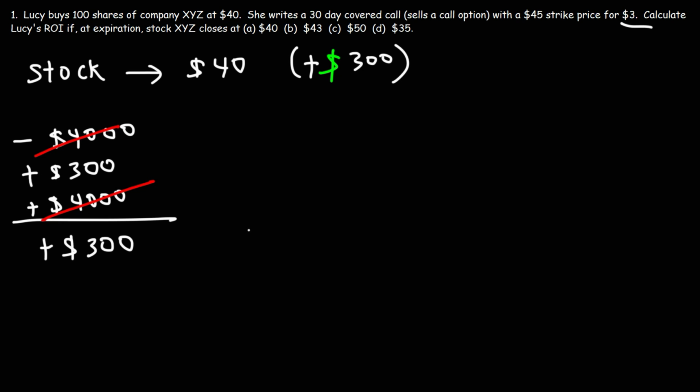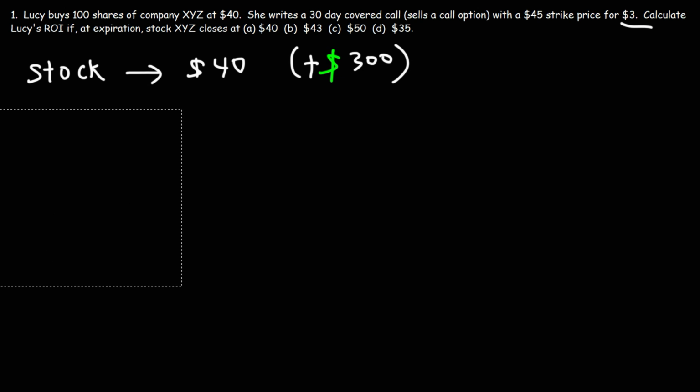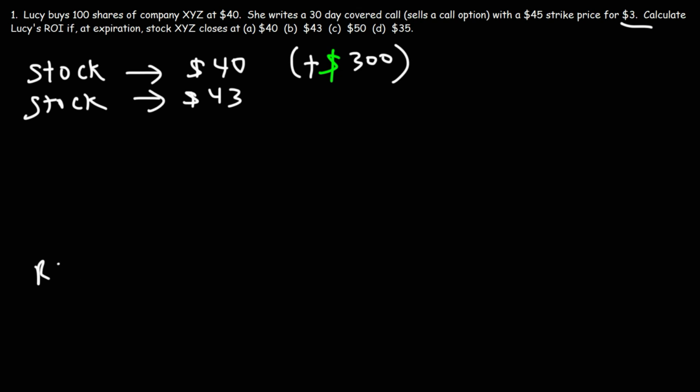Now let's look at the second scenario, that is, if the stock goes up to 43. Oh, by the way, I need to calculate her ROI. So the ROI, the return on investment, is equal to the profit divided by the cost of investment times 100%.